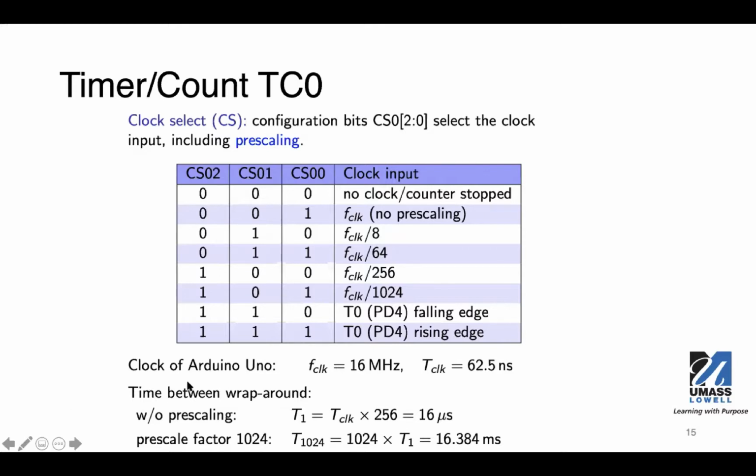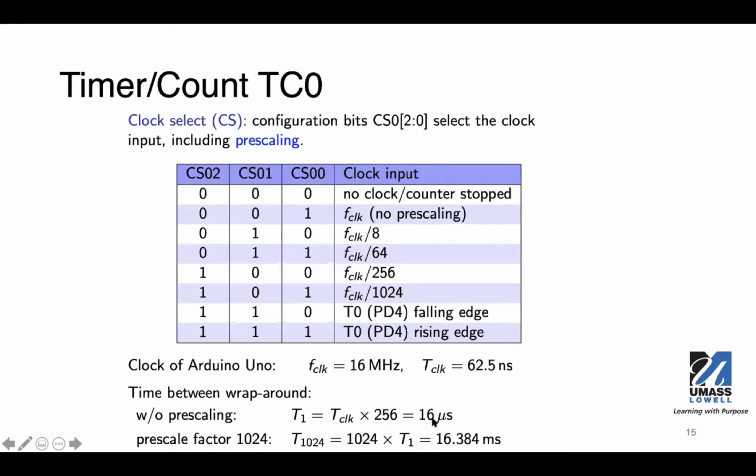So I'll give an example here. Arduino Uno, its clock is 16 megahertz. So the duration of the clock period is 62.5 nanoseconds. If we don't do any pre-scaling, the counter will give you this. You will use this as the clock duration, and because your counter can count up to 256 times, this will be the clock duration times 256.